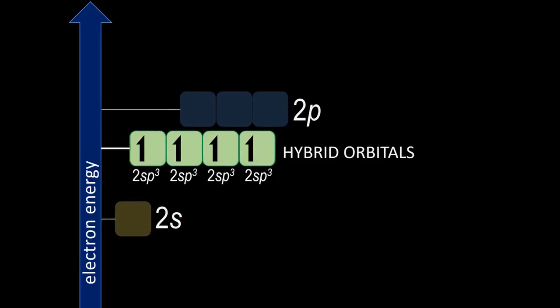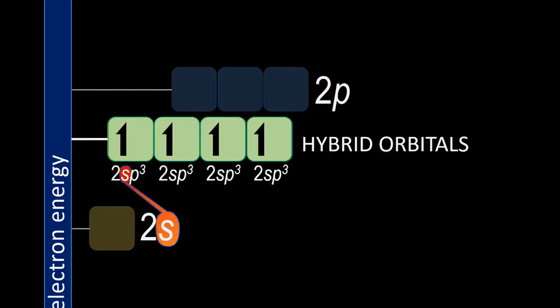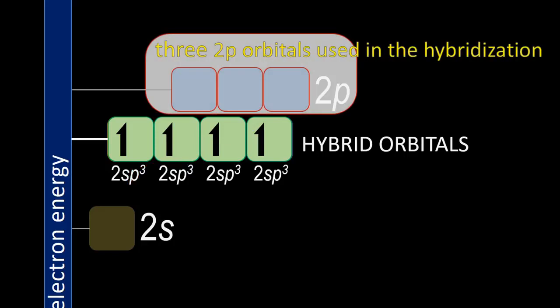The 2 comes from the second principal energy level that the valence orbitals are in. The s comes from the 2s orbital contributing to the hybridization, and the p comes from the 2p orbitals contributing to the hybridization, and the 3 comes from the number of 2p orbitals used in the hybridization.